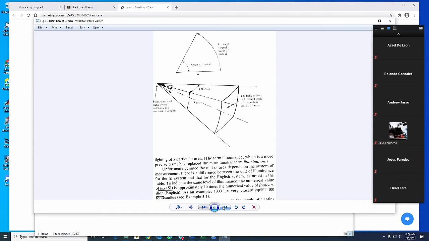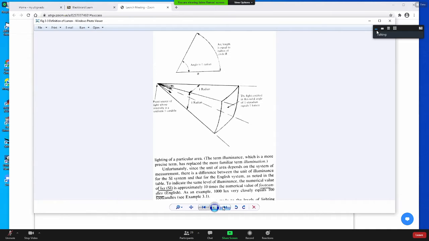Therefore, the luminous flux emitted from that source flies away and intercepts the sphere, and at one steradian is going to be a lumen, okay?